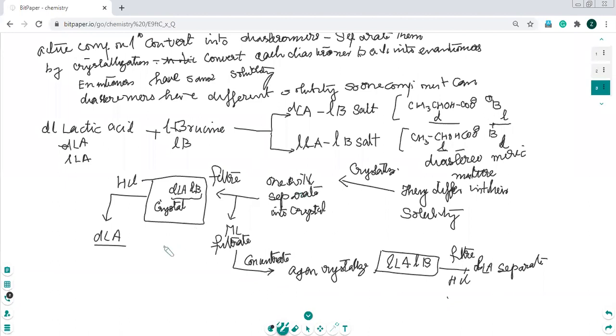I will just explain it to you again. The DL mixture is an equal mixture of plus and minus enantiomers of lactic acid. This is treated with a base, L-brucine, a natural product. A natural base, I will use that word.